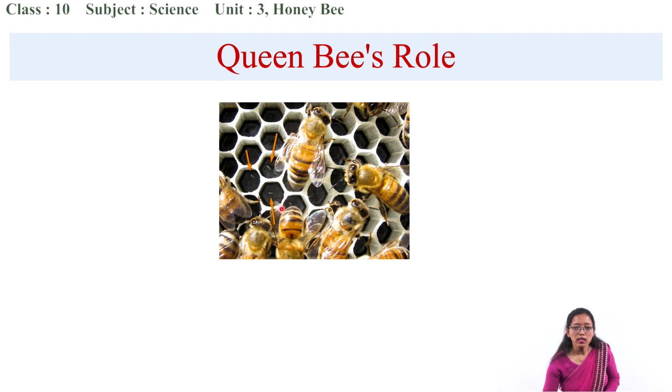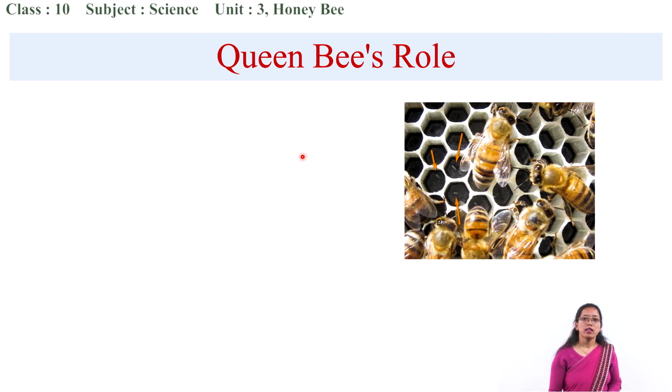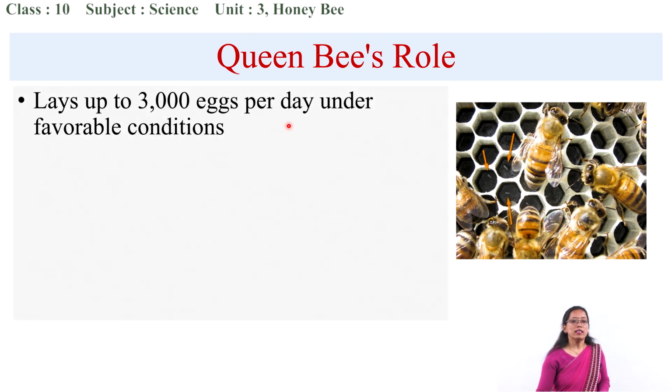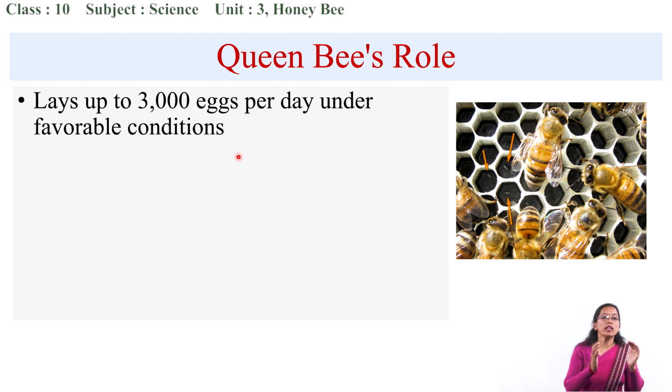Just see here, there are so many worker bees and a single queen bee, which is the elongated one, which we can identify. What is it doing here? It used to lay up to 3000 eggs per day under favorable conditions. 3000 eggs per day means how many eggs does it lay in its lifetime.